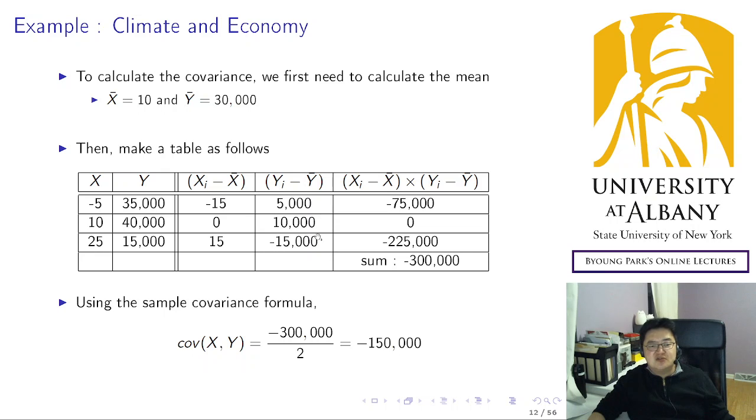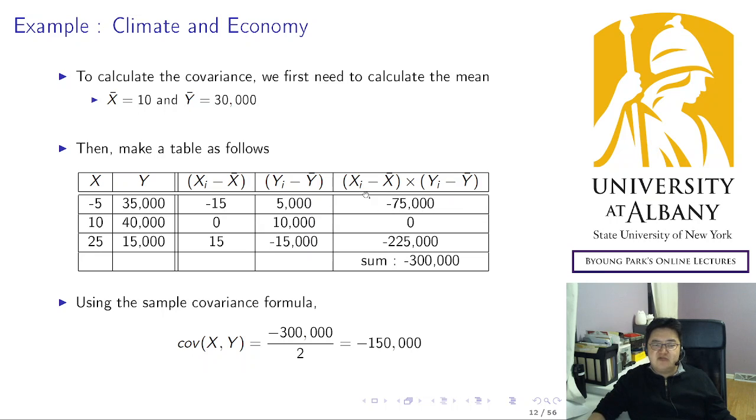So deviations for each variable are calculated for each observation: 3 observations, 2 variables, so there are 6 deviations. And then multiply them. For Canada, multiply the deviation of temperature by the deviation of GDP per capita. Do the same for the US and Mexico, and you will get these numbers.